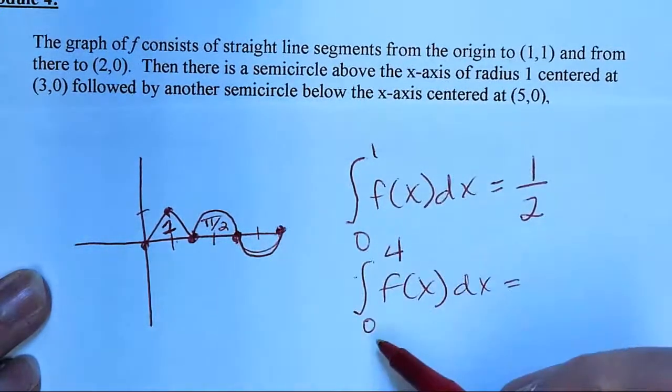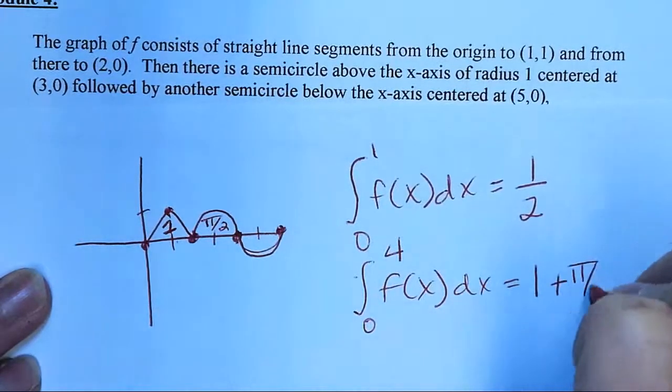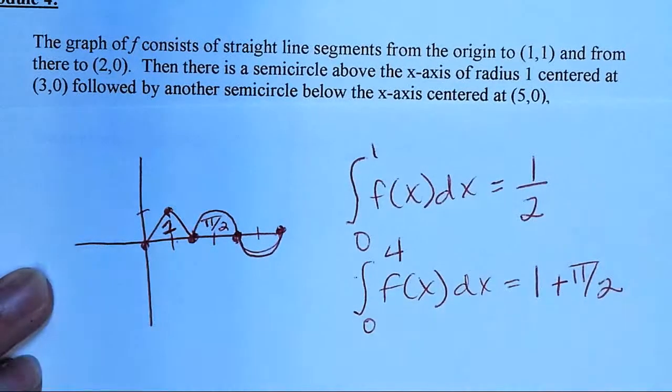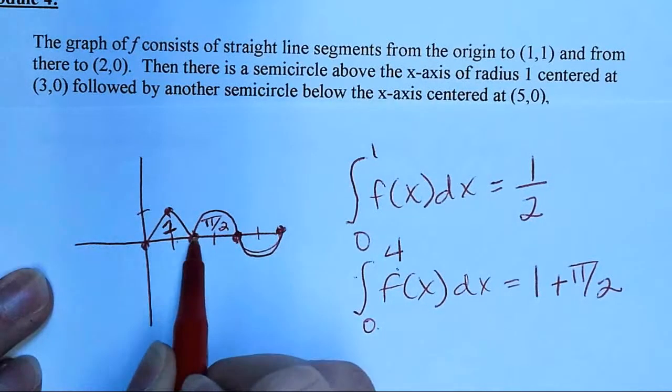So the integral from 0 to 4 is going to be 1 plus pi over 2. No, it's 2 times 1 times a half.